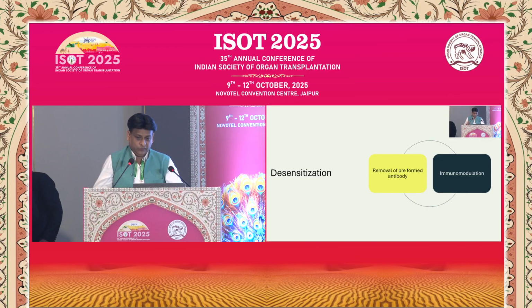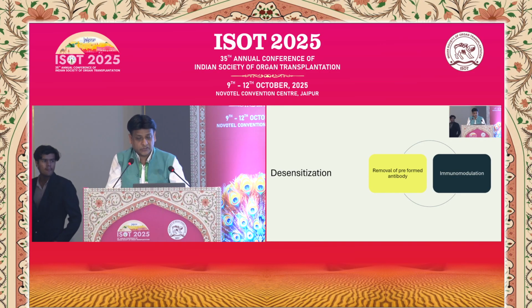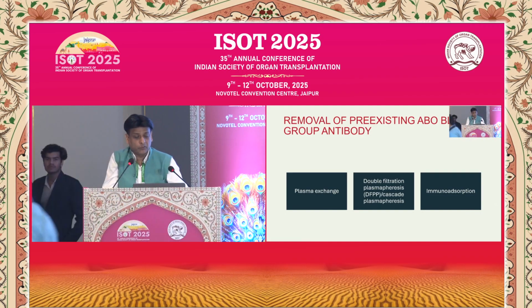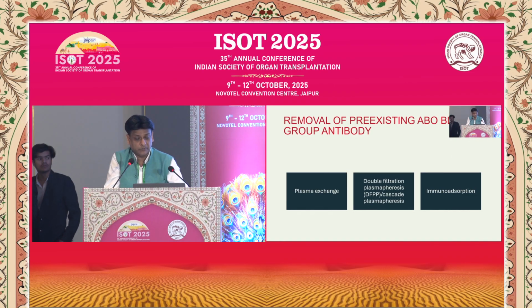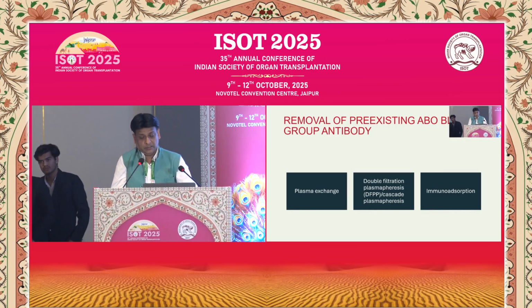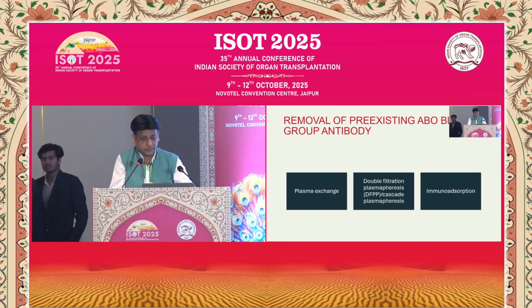So what we need in these patients is desensitization, removal of preformed antibodies, and immunomodulation. Removal of preformed ABO blood group antibodies is done either by plasma exchange, double filtration plasmapheresis, or cascade plasmapheresis, and another option is immunoadsorption.